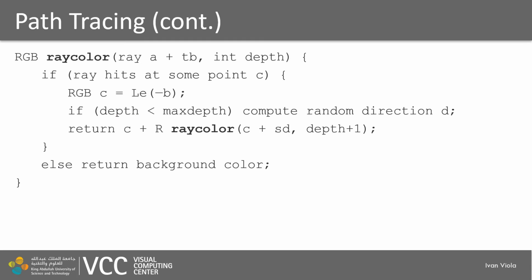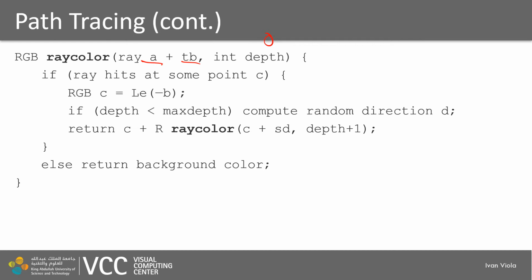Path tracing can be realized as a recursive function where in each step of the recursion we will be bouncing one ray in one direction. So we start from the eye, which will be at the beginning at the position A, and we will be following a direction from the eye, the eye vector, which is the vector B in this case, and we will initialize the depth to 0.